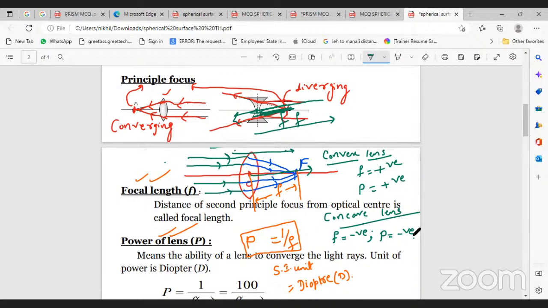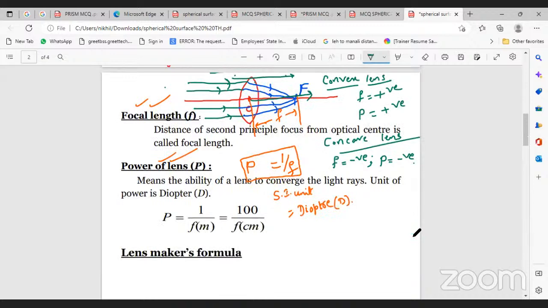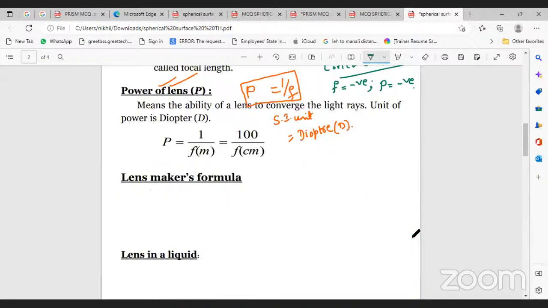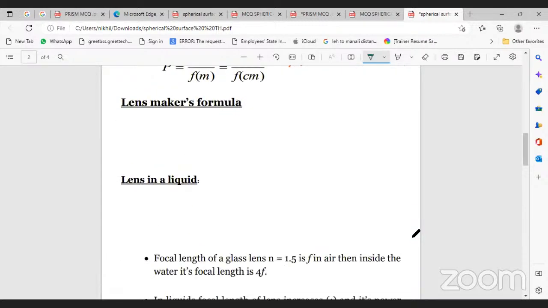So for a convex lens, focal length and power are positive. For a concave lens, focal length and power are negative. Any doubt? No, sir.